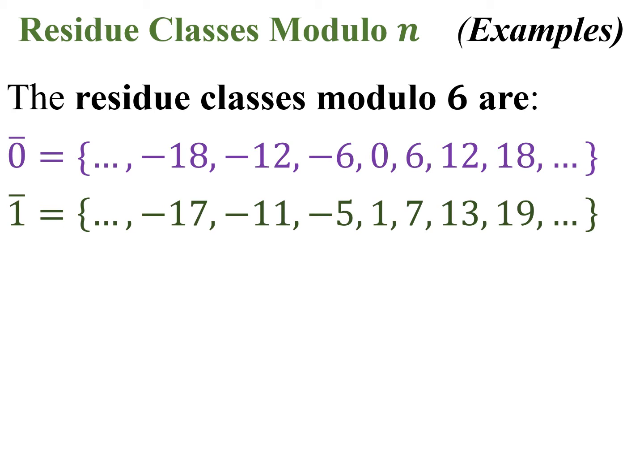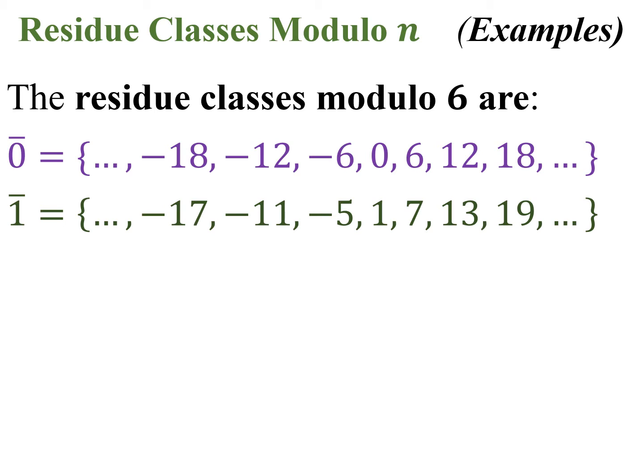When we add multiples of 6 to 1, we get 1 plus 6 is equal to 7, 7 plus 6 is equal to 13, 13 plus 6 is equal to 19 and so on. When we subtract multiples of 6 from 1, we get 1 minus 6 is equal to minus 5, minus 5 minus 6 is equal to minus 11, minus 11 minus 6 is equal to minus 17 and so on.